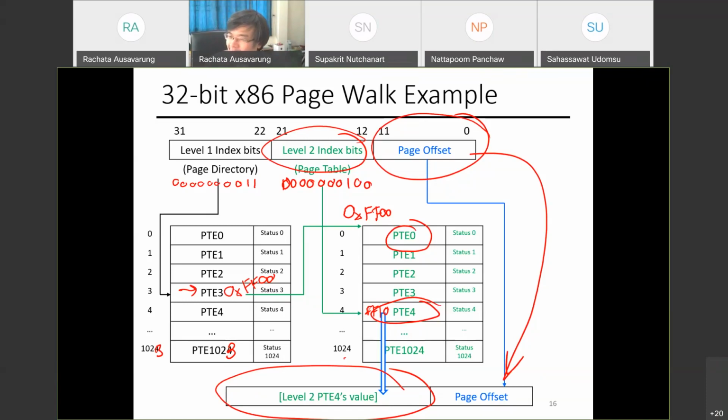All right, so my next question, let's say that this whole thing is 32 bits. How many bits do I have for the status bit over here? The way you can calculate it is, right now you know that this is 12 bits, right?